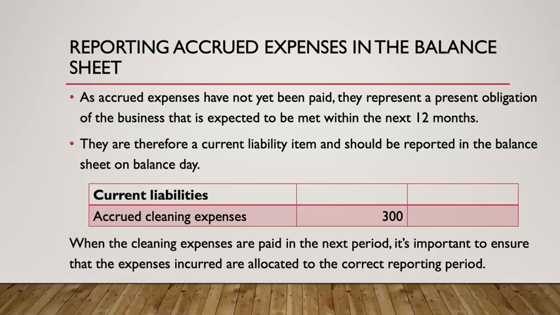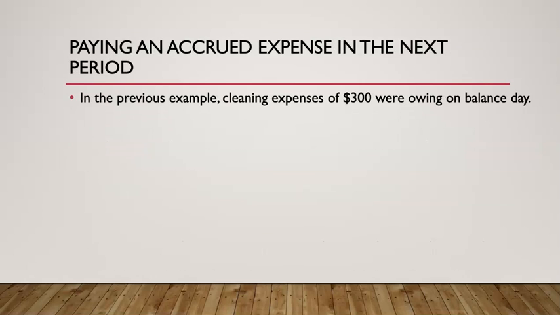The complication of this balance day adjustment is the next period. We need to make sure that we don't penalize ourselves in the next period and overstate our expenses because we've already recorded an expense here. So in the previous example that we've been talking about, we know that there are $300 owing on balance day.